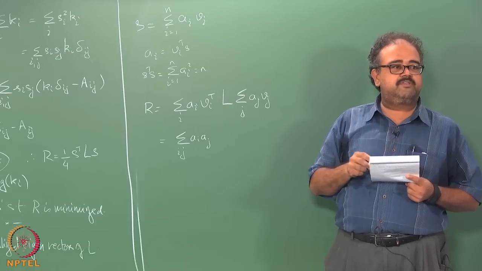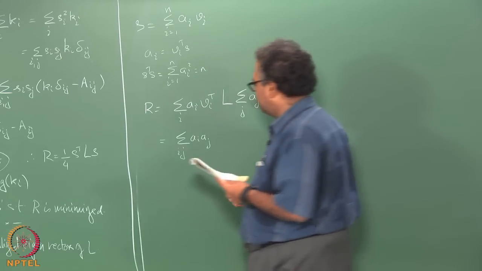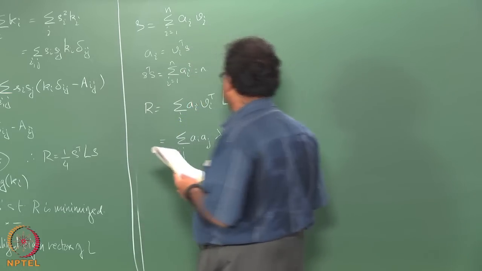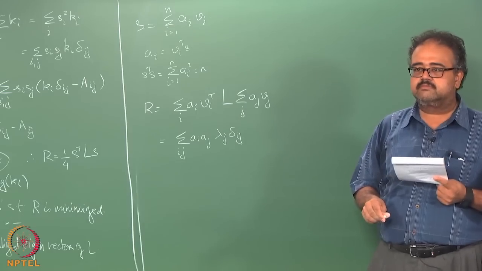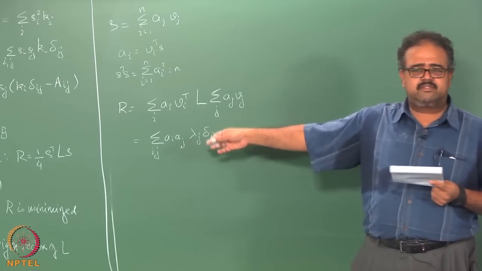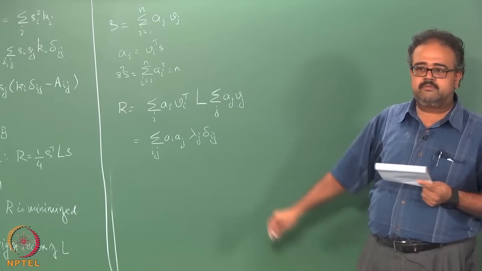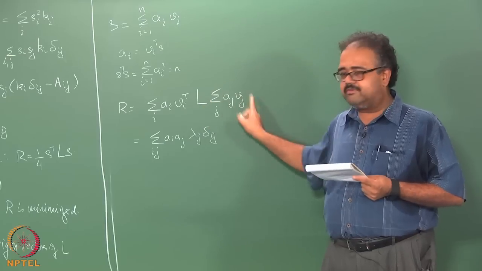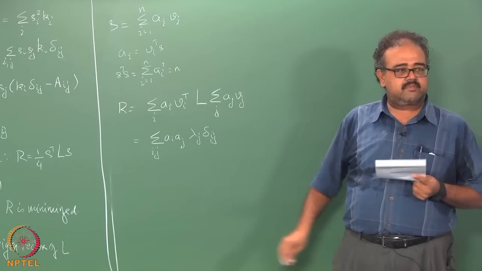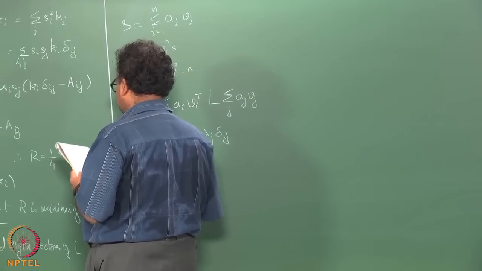Vi transpose Vj will be 0 if i is not equal to j. So essentially what I will be left with is lambda j. I could have written lambda i or lambda j, it does not matter, but I will stick with the notation that has the j on the right hand side. Is it fine?